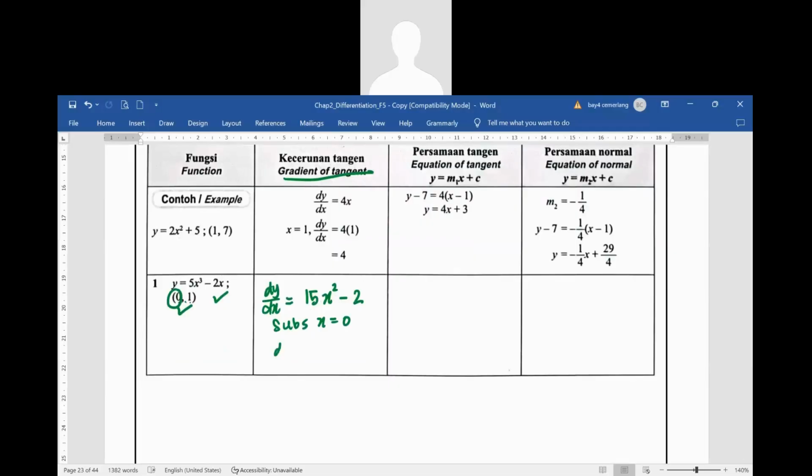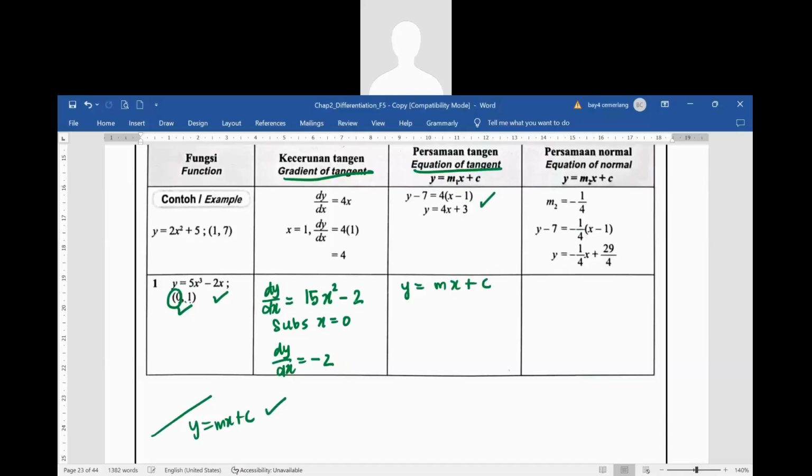So your dy/dx now is equal to -2. Okay, so you have found dy/dx. Then the equation of the tangent. Tangent is a straight line, right? We can use y = mx + c, but I prefer to use y = mx + c.